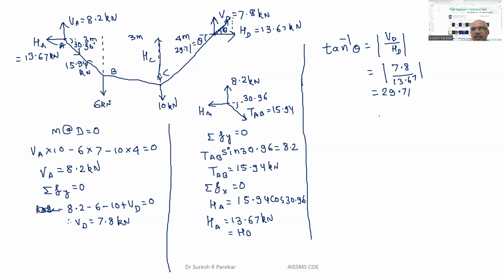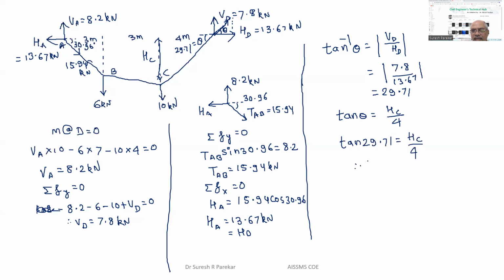This is HC. So I can write tan theta equal to HC divided by 4. From this we get tan 29.71 equal to HC upon 4.